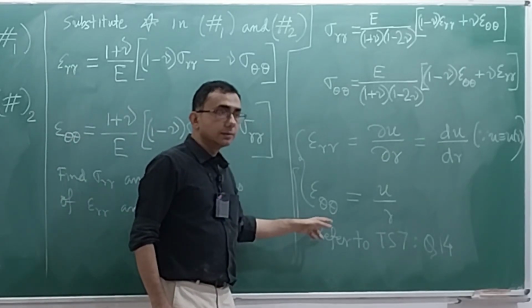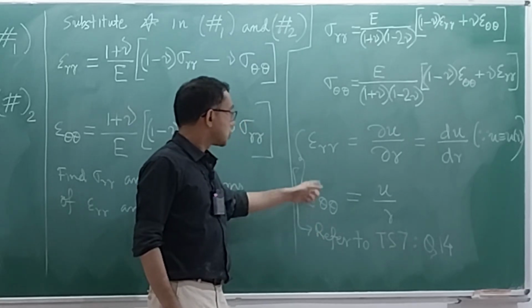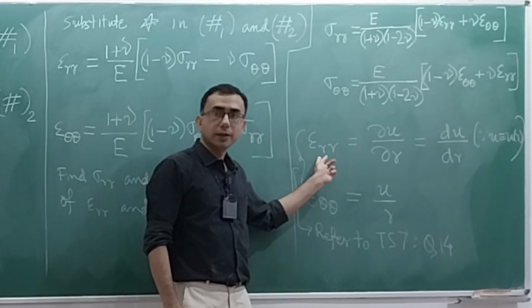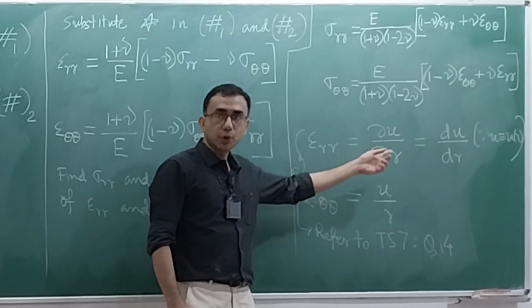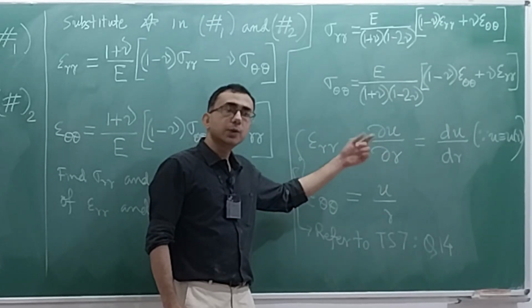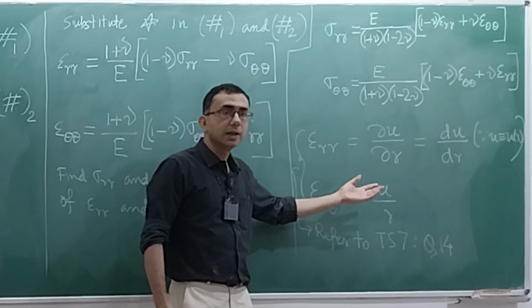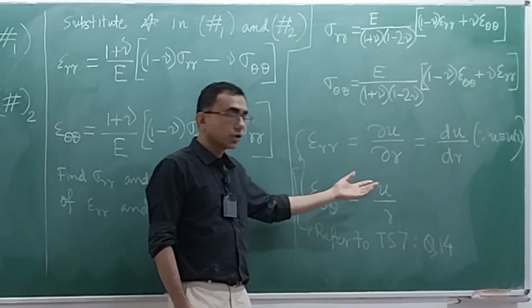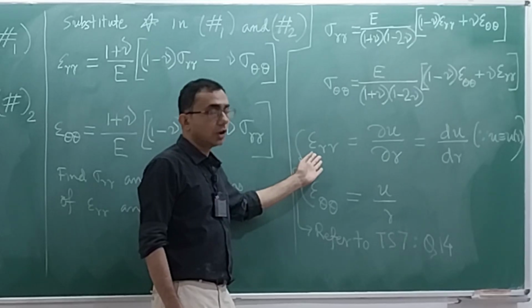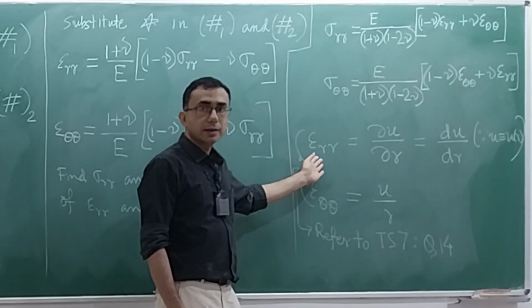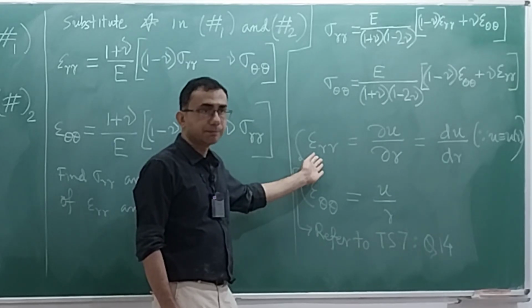Epsilon theta theta, you please note. So we have understood that this epsilon rr is a pure function of r. If u is a pure function of r, we are deriving it with respect to r. We cannot certainly get a theta dependence or a z dependence out of thin air. So it implies that epsilon rr is just a function of r.